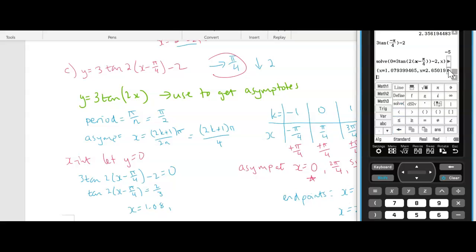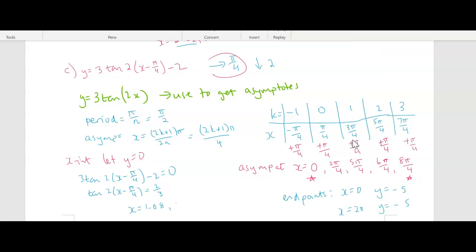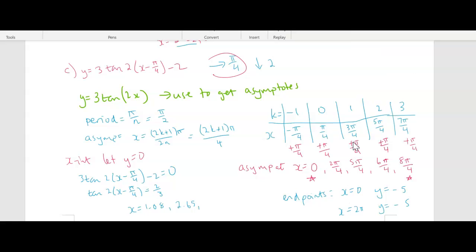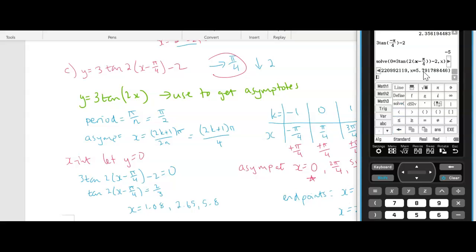And what else have we got? Oh, we've got quite a few solutions. 2.65. 5.8. And that was it, just the 3. Just double check. No, I forgot that 4.